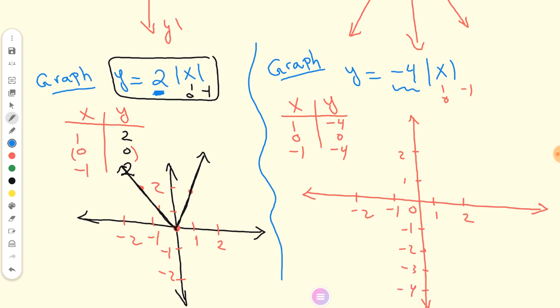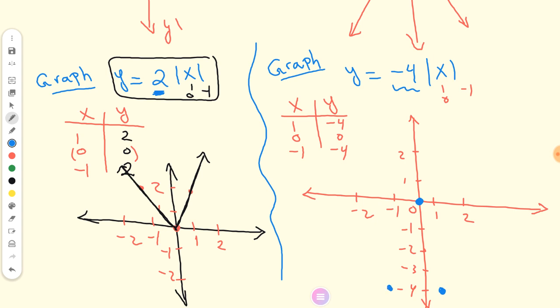The first point is the origin point or the starting point, 0. Then 1 and -4: 1 to the right, -4 down. This is one point. The third one will be opposite to this point on the other side: -1, -4. -1 to the left, -4 down, this point.